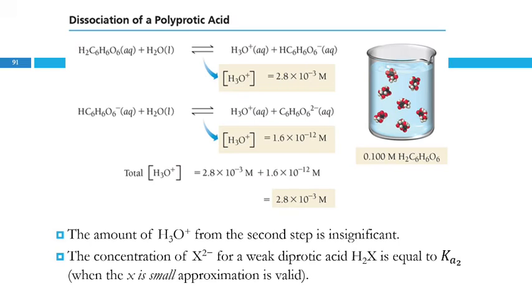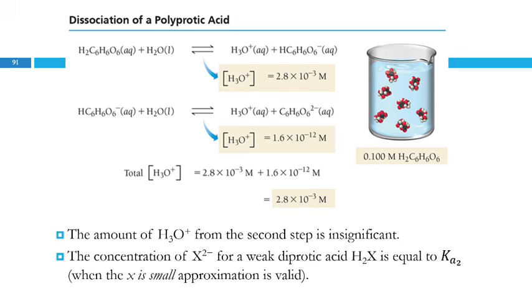So if you're looking for the concentration of the anion, like we were for carbonate, CO3 2 minus, here we've got C6H6O6 2 minus. That concentration is just going to be equal to Ka2.